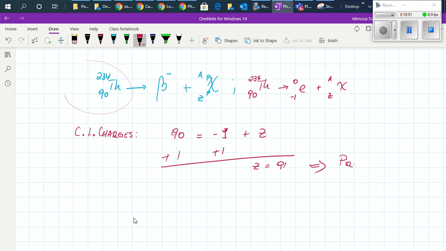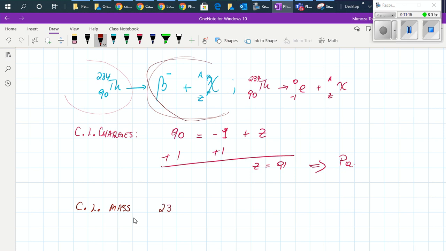Okay, so now let's apply the conservation law of masses. The atomic mass on the parent side is equal to the atomic mass on the daughter side, which is this one here.